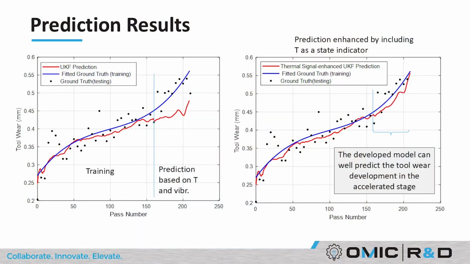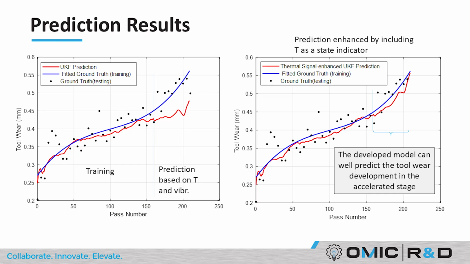And here is the result. So the first one I'm introducing over here is the result by using the conventional unscented Kalman filter plus artificial neural network. And we can see that the blue curve is the ground truth, and the red curve is the predicted results. And we will focus on this section because over here, this is the prediction without any ground truth measured.